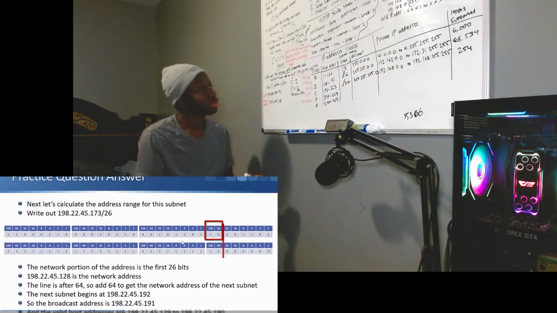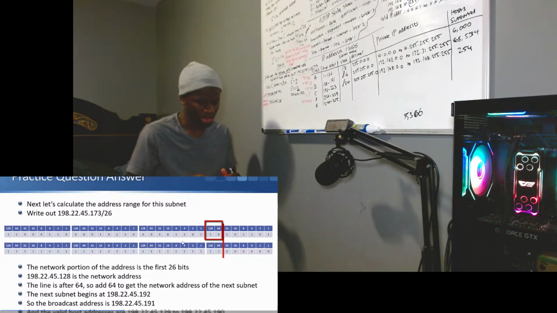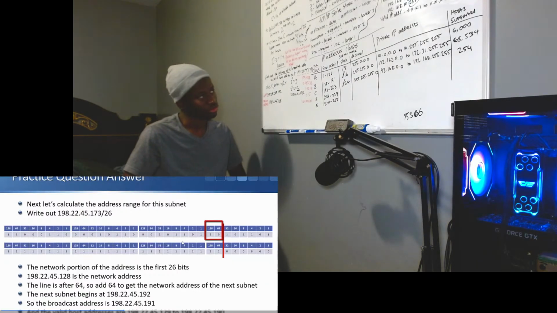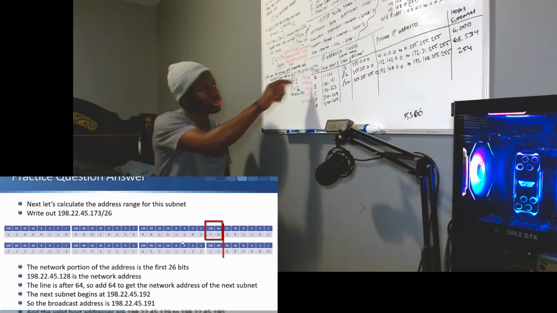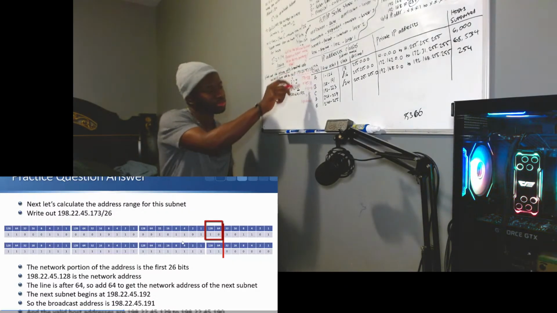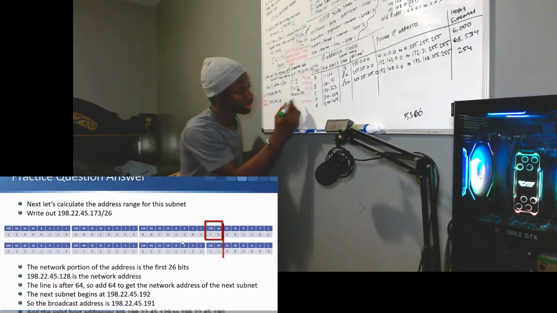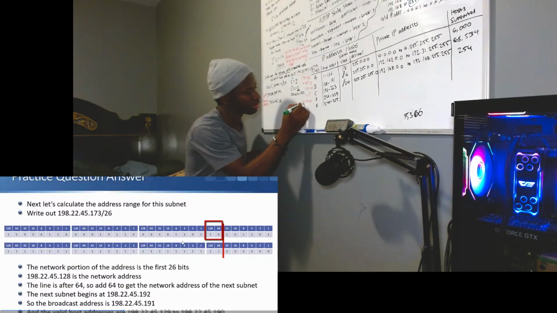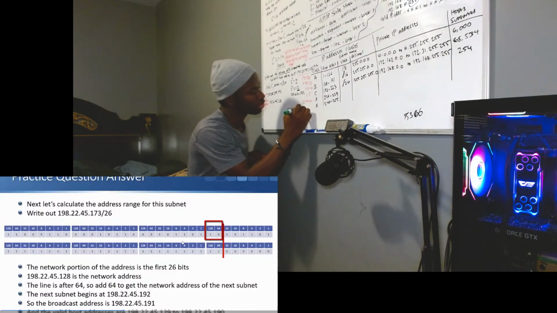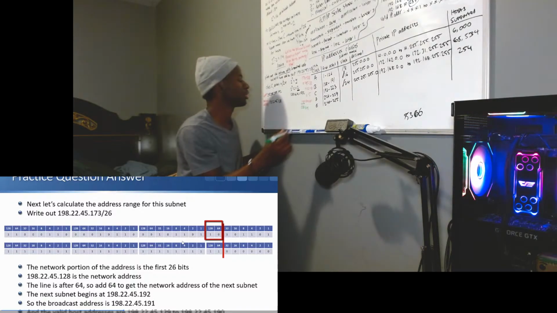Remember, we need to borrow, just borrow 2, right? So from the 173, we take only this, which is 128 plus 64.